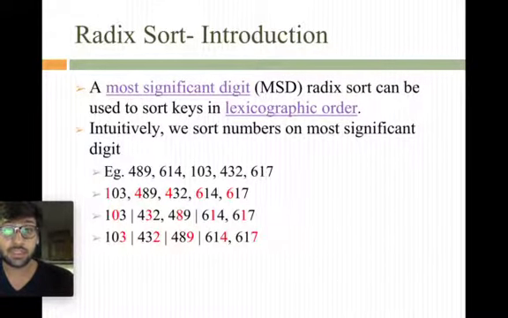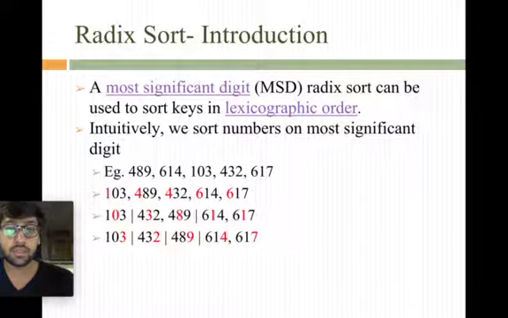Now, Radix sort introduction. Radix is generally the base in which a number is represented. For example, Radix 2 numbers are binary numbers, Radix 10 numbers are decimal numbers, and Radix 16 numbers are hexadecimal numbers. So for a number with radix k, the digits of the number can range from 0, 1, 2 till k minus 1.